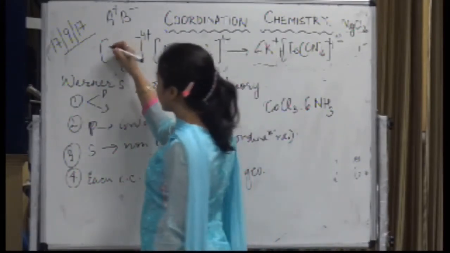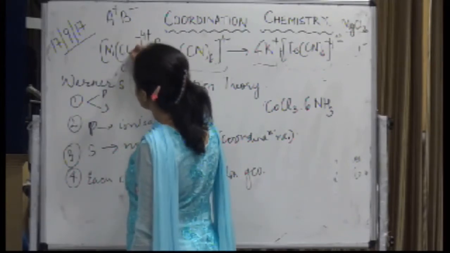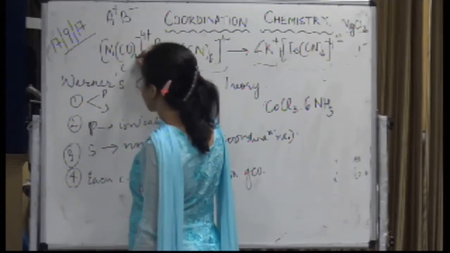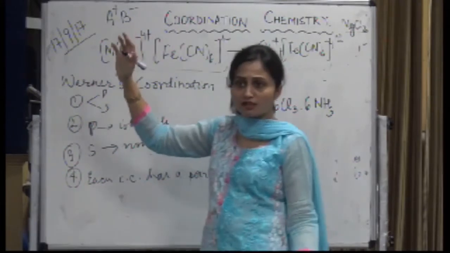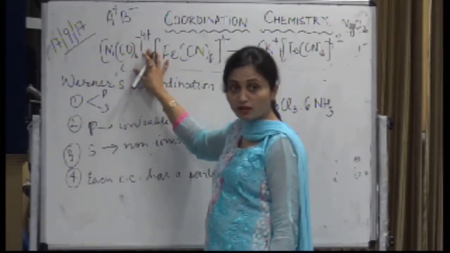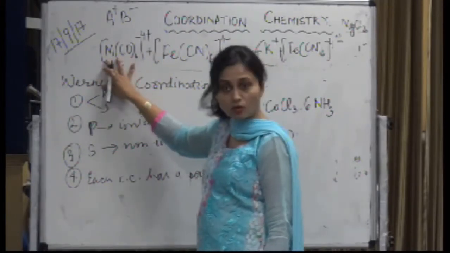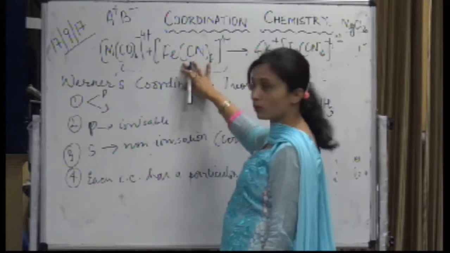So then in that case, let me just put randomly a metal, CO4, 6, anything. I'm just taking an example randomly. Now there are two coordination spheres, but when you put them in water, it will get dissociated into this coordination sphere plus this coordination sphere.